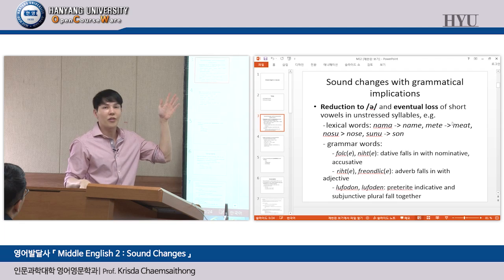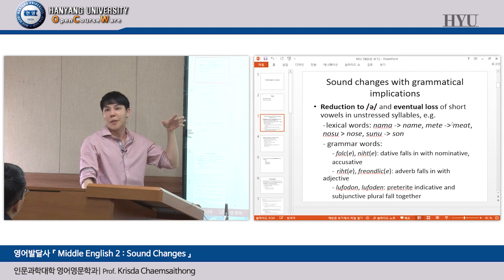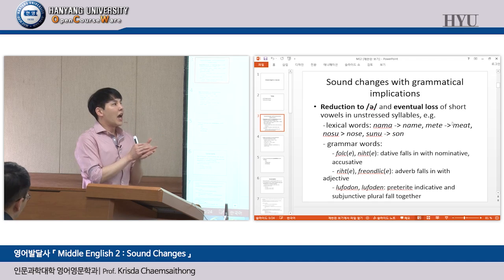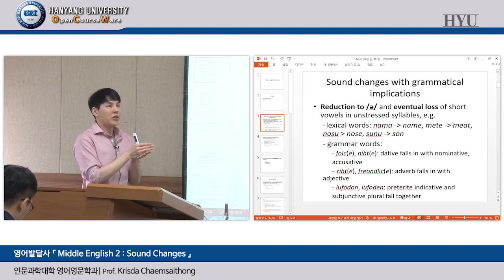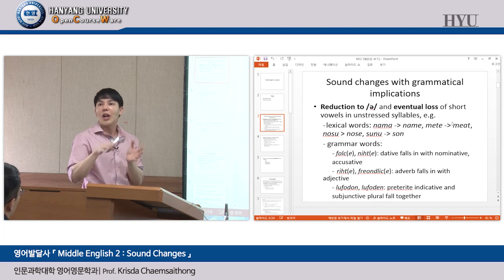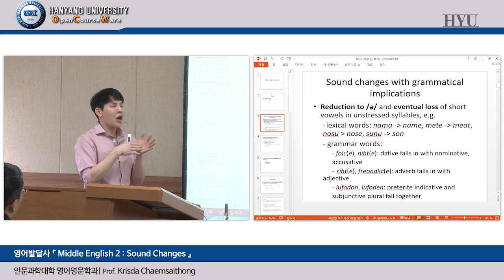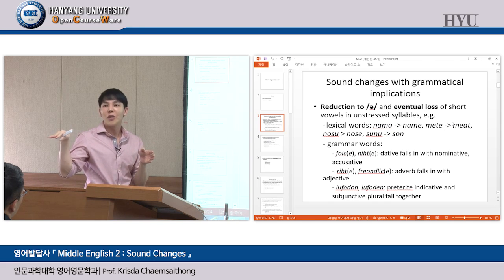So this has a huge impact on the grammar system, right? Because now that everything that's not stressed has been reduced to schwa, this means that the grammatical system collapses, right? So in Middle English, you won't have as complex or complicated a grammatical system. All of the noun endings will just gradually fade away, okay?